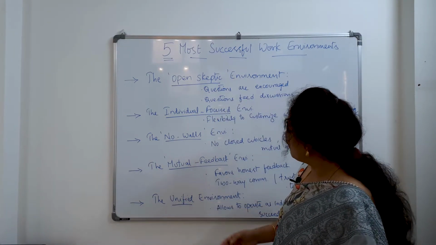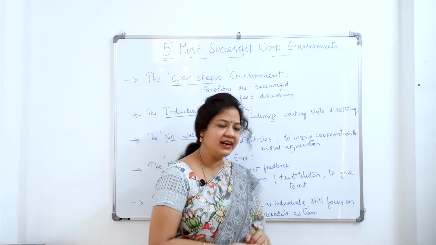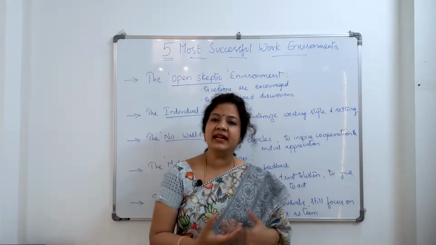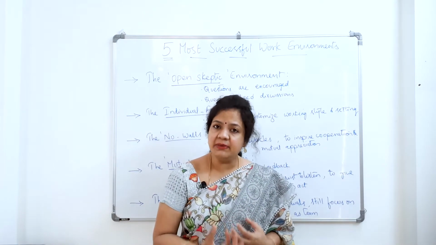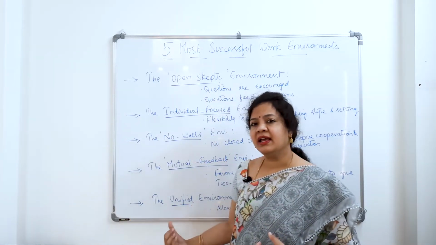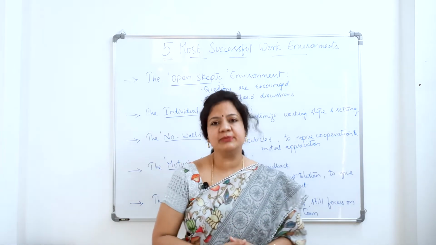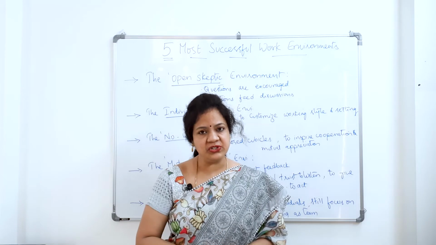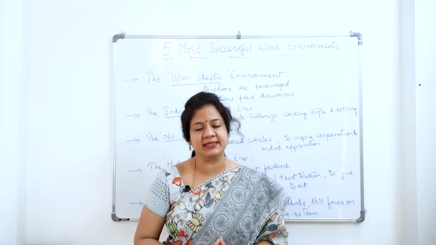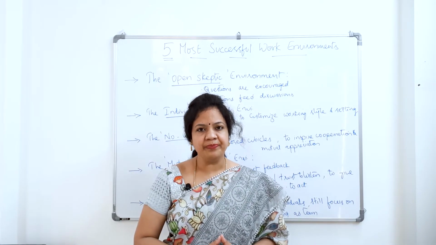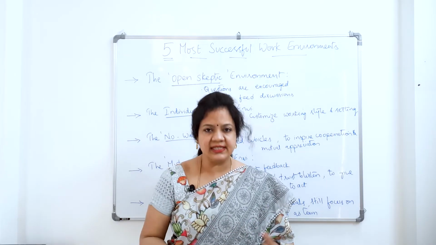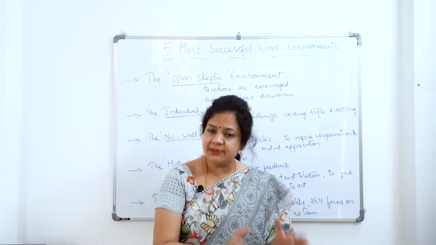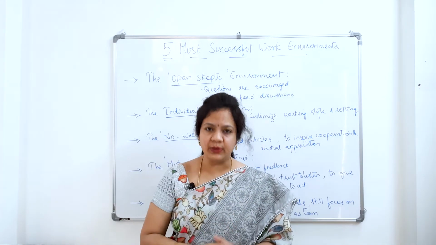Next one, the unified environment. This kind of environment allows people to operate as individuals. Every individual in the unified environment will have their individual responsibilities. They will be aware of their roles, their contributions, but still they work as teams. It is like unity in diversity. They are individually responsible for their tasks and duties.